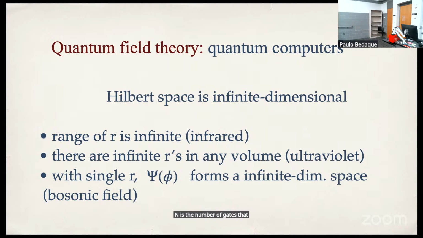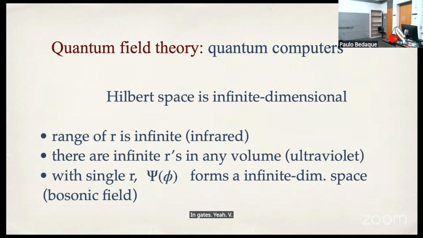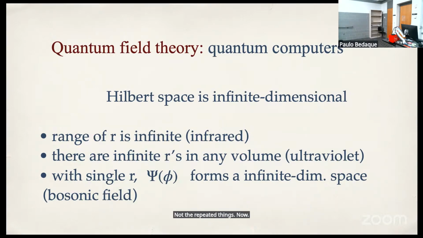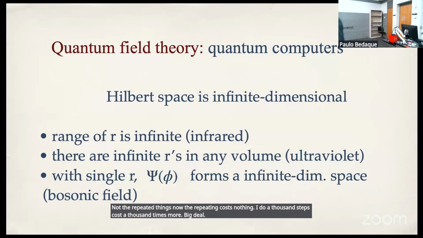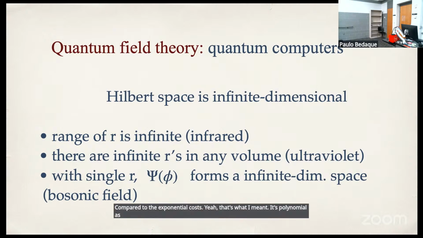As you increase the volume, you have to code up one time step in gates. So the question is, how does the number of gates grow with the volume? Not the repeated gates. The repeating costs nothing. I do 1,000 steps, it costs 1,000 times more. Big deal, compared to the exponential costs. It's polynomial as opposed to exponential.